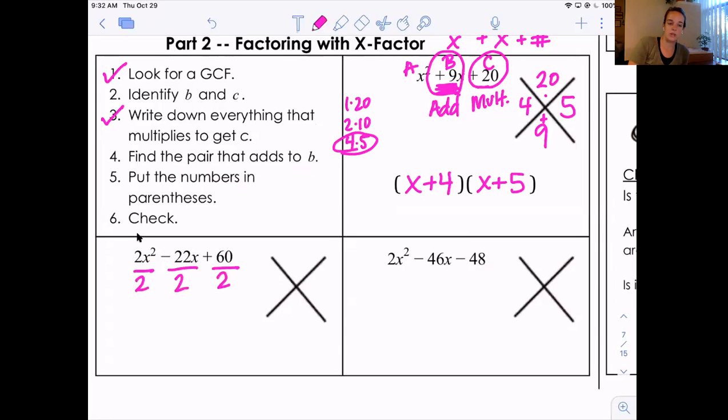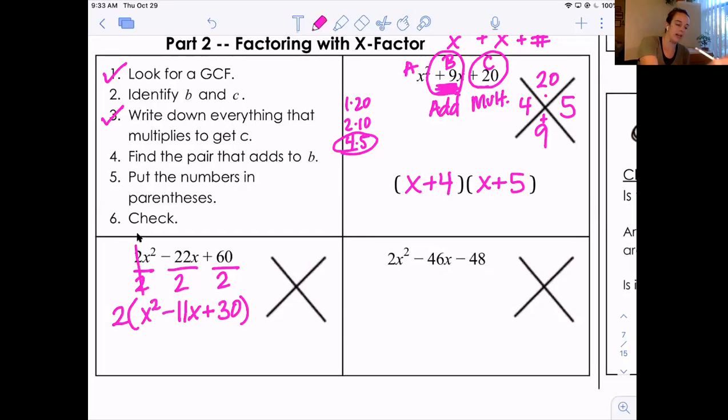I can take out 2 from each of them. So that 2 is going to come to the outside. I'm going to be left with x squared minus 22 divided by 2, which is 11x, plus 60 divided by 2, which is 30. Perfect.